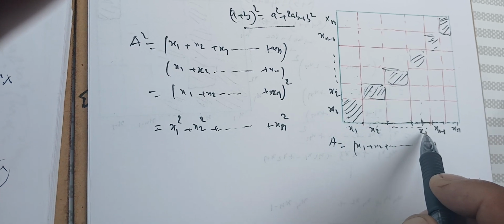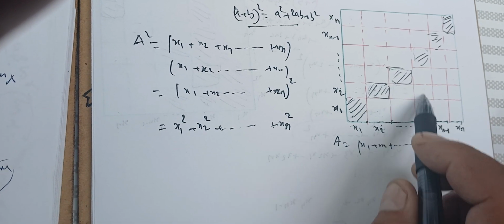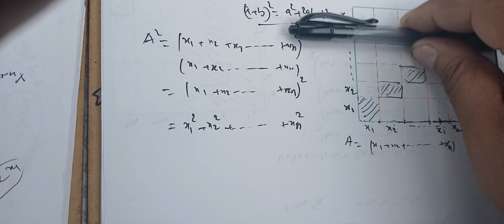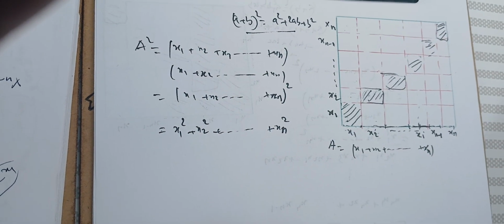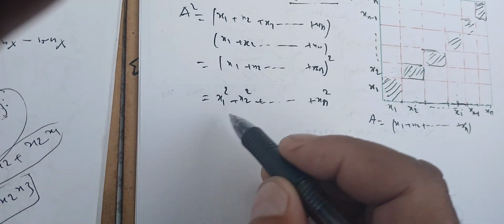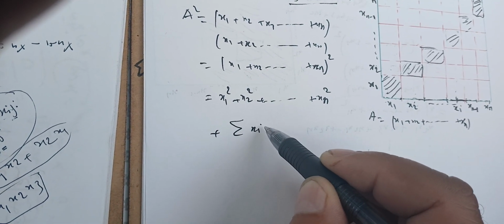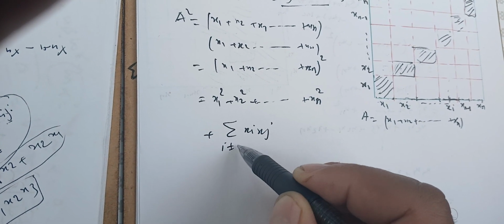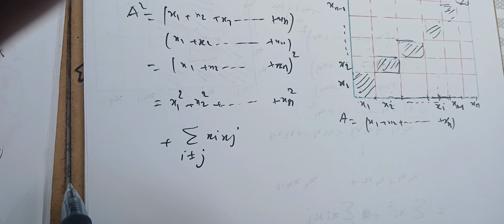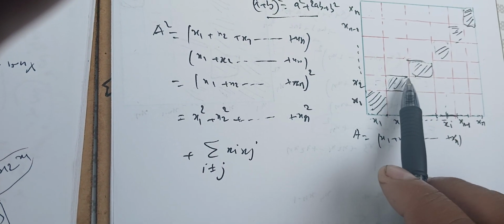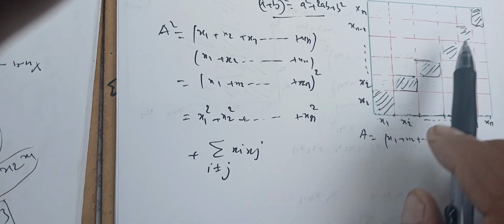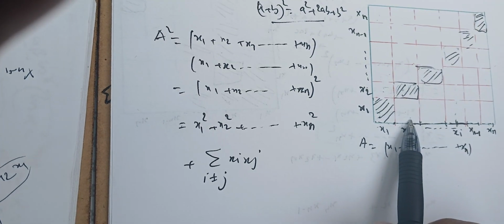So that's why I'm going to fix this one here and sum up the j's. The j's are the columns. So here I can do this one plus the sum of xi times xj with i different from j. So this is the area of the squares plus the area of the rectangles.